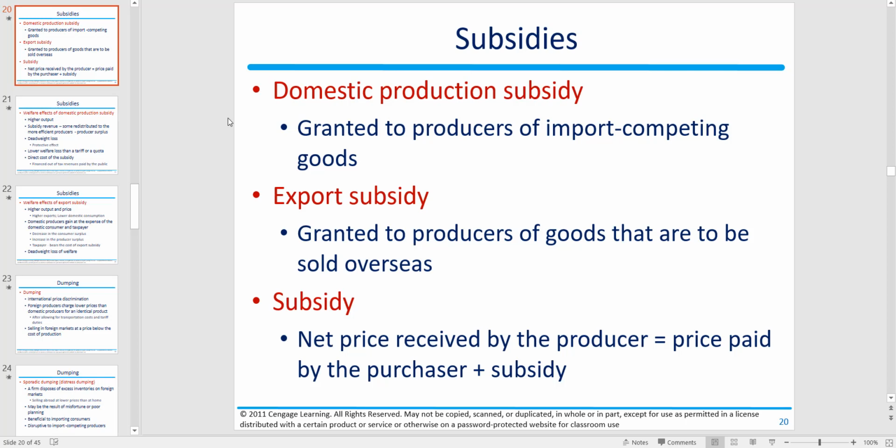So as you can imagine, given that the price remains low, the negative consequences for the overall economy are less severe when compared to quotas, when compared to domestic content requirements, because the domestic consumer can still buy at the world price level.